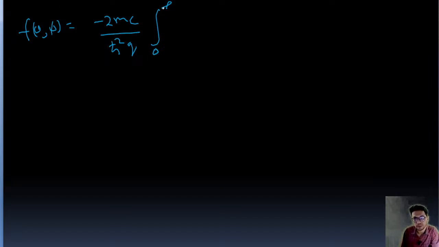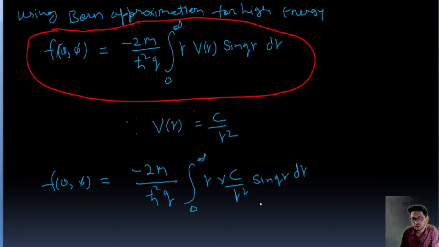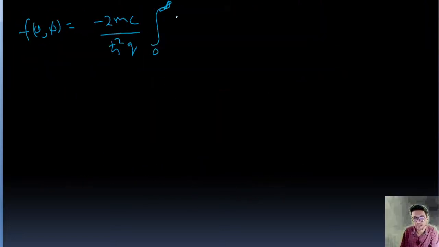The r's will get cancelled, so sine qr upon r dr, right?